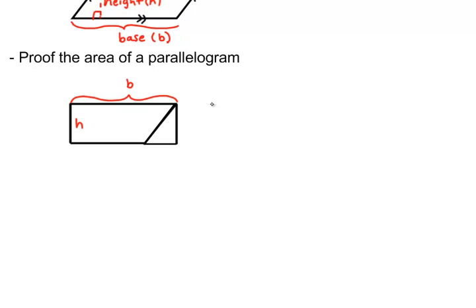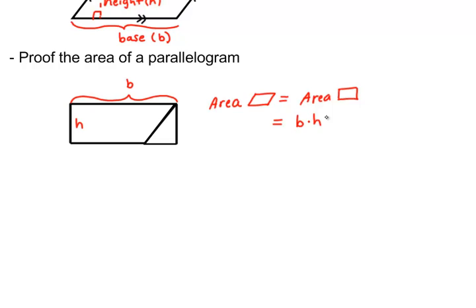So since a rectangle is a parallelogram, the area is going to be the same. So it's equal to the area of a rectangle, therefore it's equal to base times height. And that's what we want to show. That's it for a parallelogram.